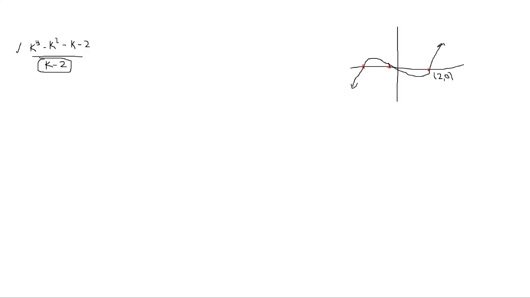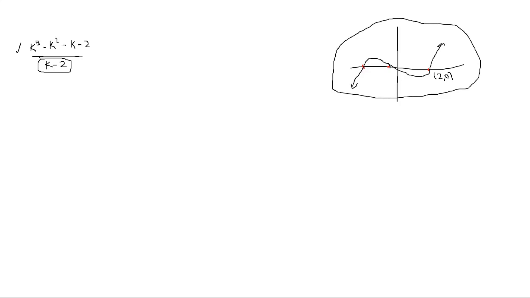Now the polynomial is going to be the numerator. And I don't know that this graph looks anything like it, but I'm going to use that just to illustrate a point here. If k minus 2 is a factor of the numerator, then that means positive 2 has to be a 0.